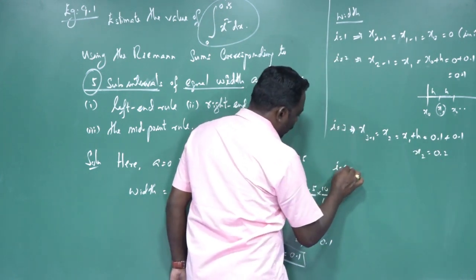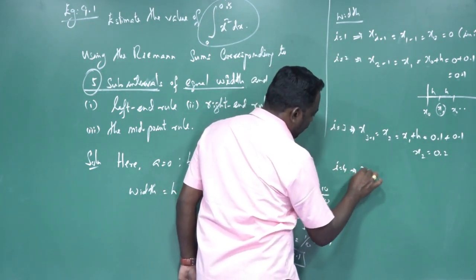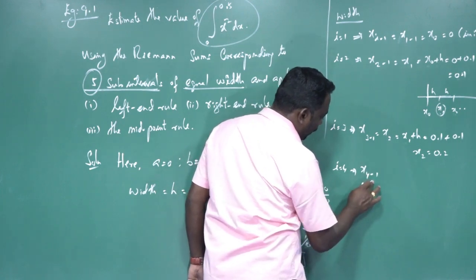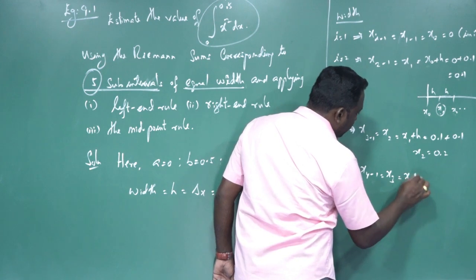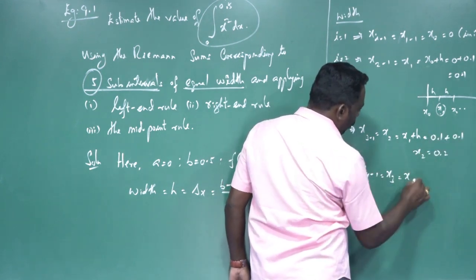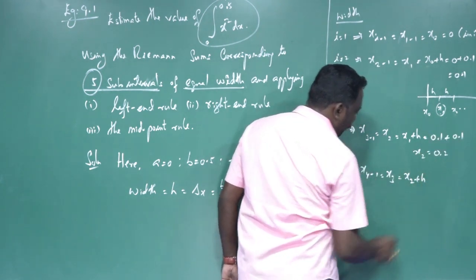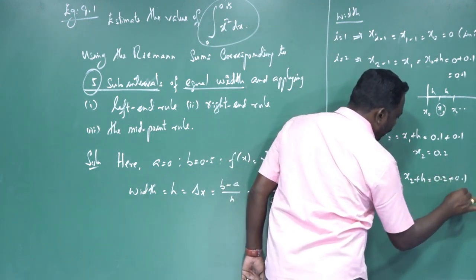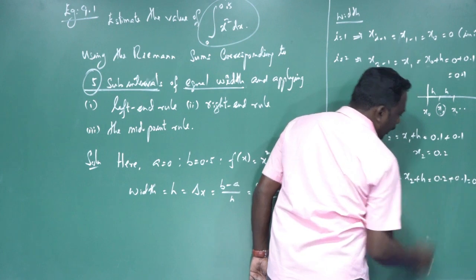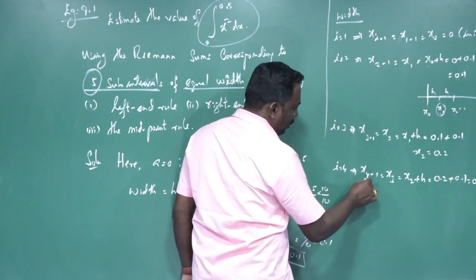Similarly, i equal to 4, that implies x_(4 minus 1), that is x_3, which means x_2 plus h, equal to 0.2 plus 0.1, that is equal to 0.3, and it is called x_3.